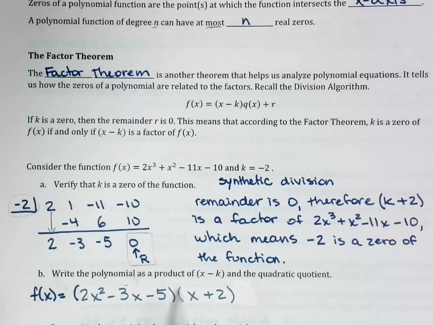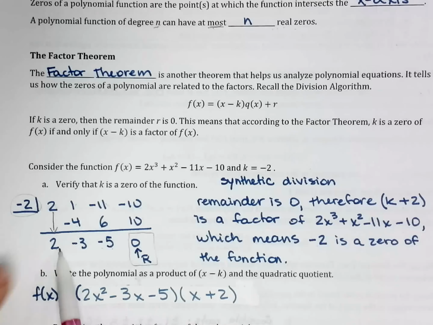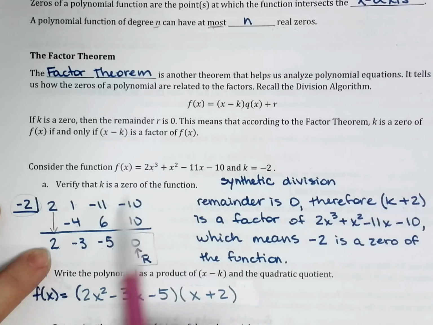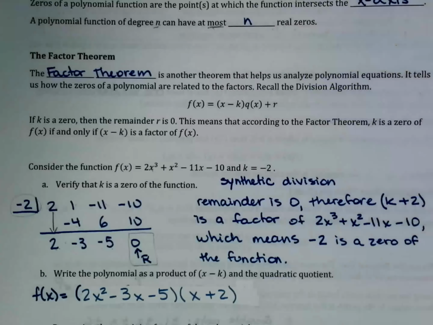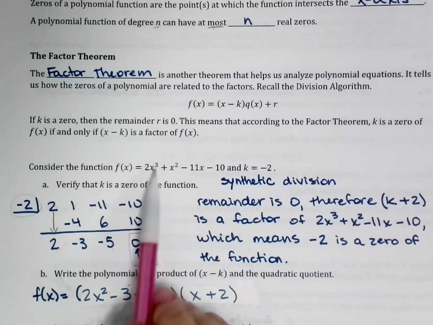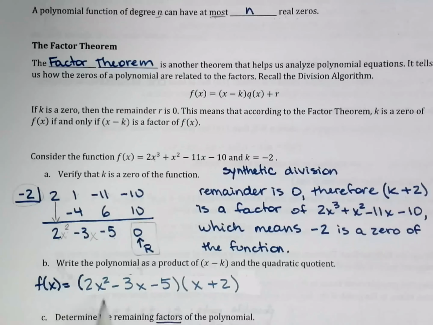I need to write the polynomial as a product. Okay, so after you do the synthetic division, this result is always 1 degree less than you started off with. So if you started off with a cube, then 1 less degree will be x squared, and then this will be x, and then this is your constant.